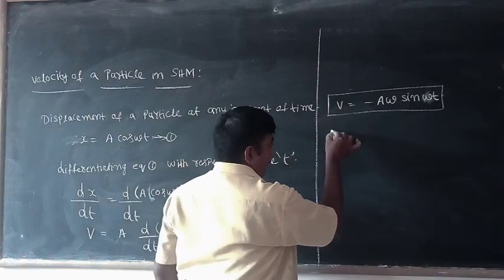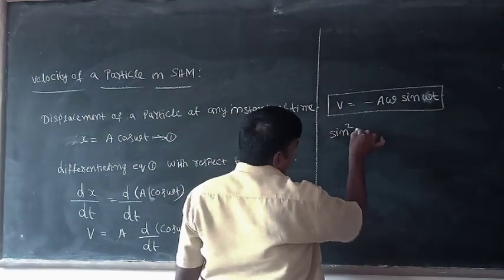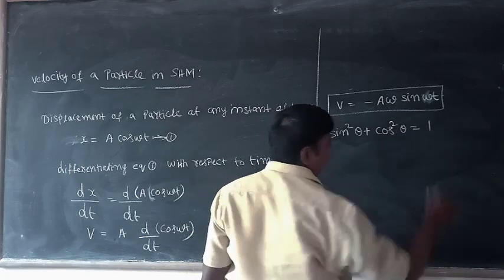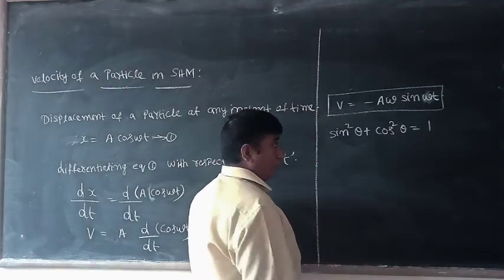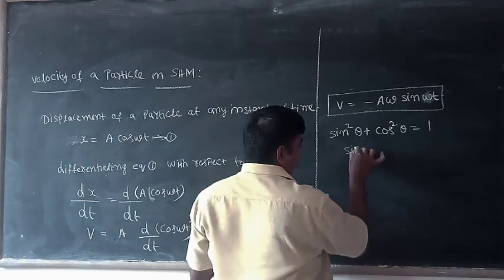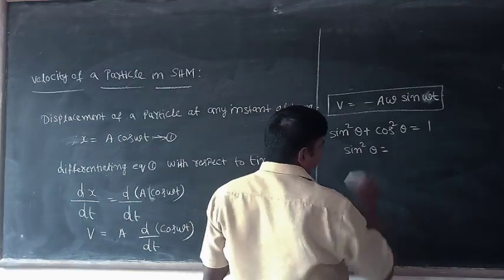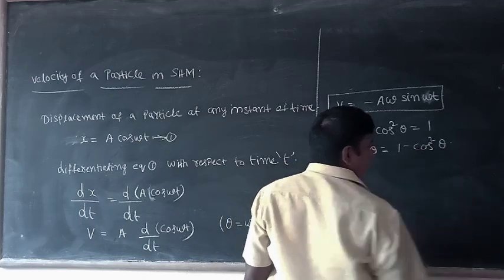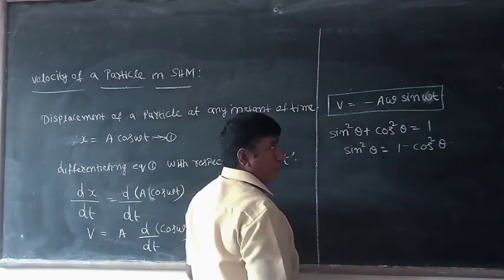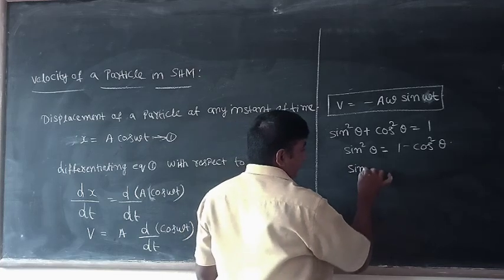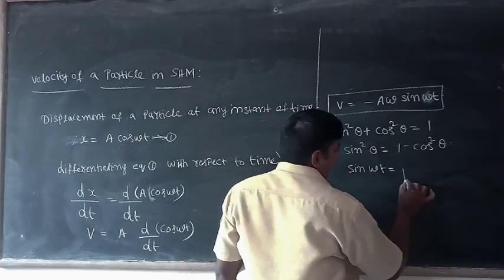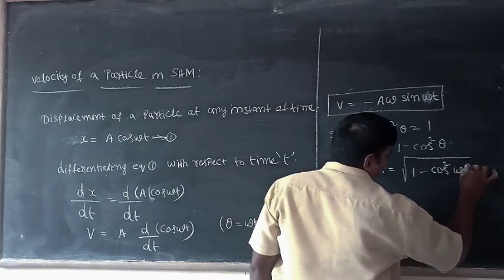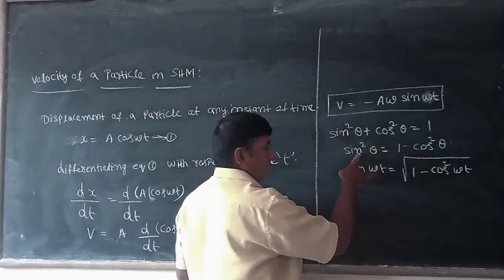For that, we know sin square theta plus cos square theta equals 1. This is a basic trigonometric equation. With the help of this, sin square theta equals 1 minus cos square theta. Instead of theta we have omega t, so sin omega t equals root of 1 minus cos square omega t, because I need only sine.